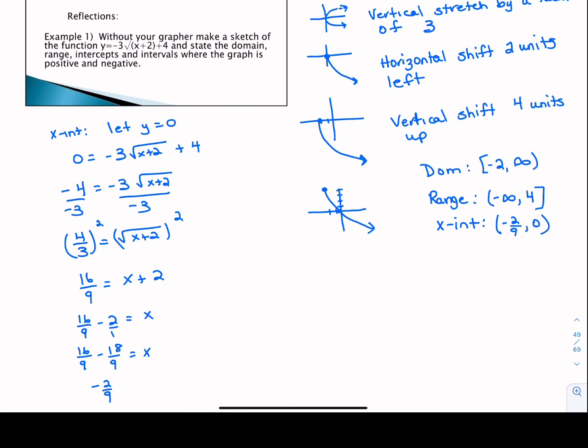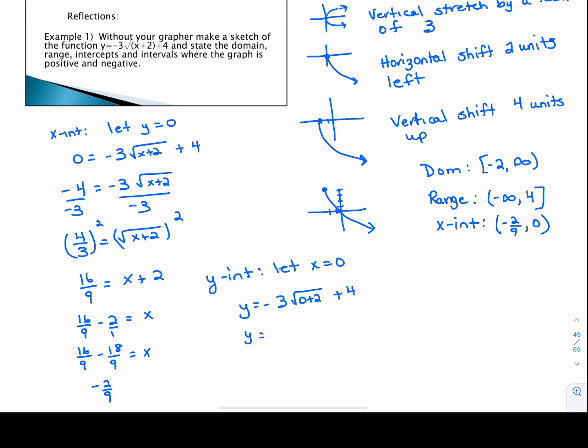The last piece of information we really want to calculate is the y-intercept, and we know for every y-intercept in the whole wide world, we don't want to let y equal 0, we want to let x equal 0. So we have y equals negative 3 times the square root of 0 plus 2, all plus 4.